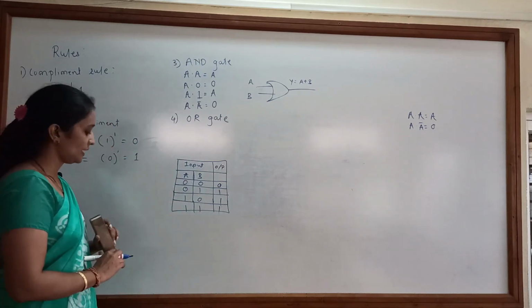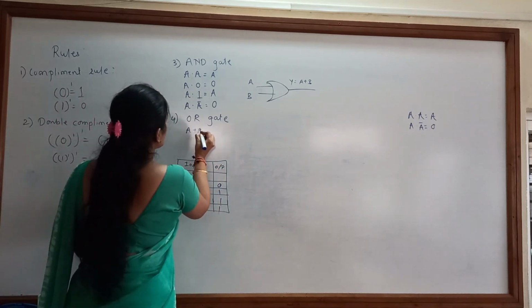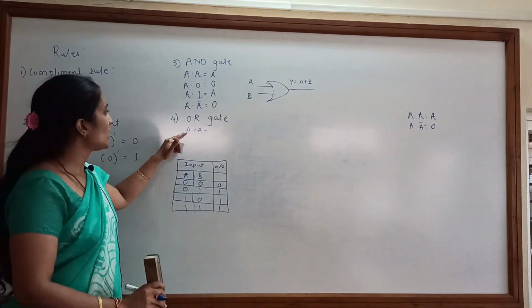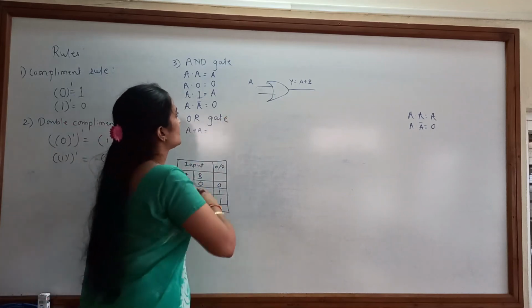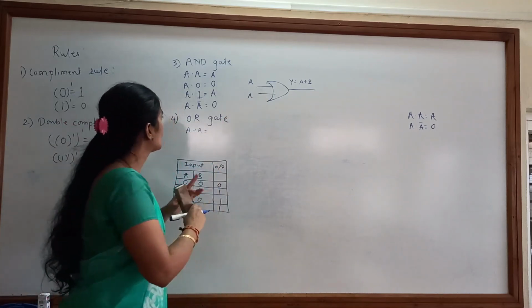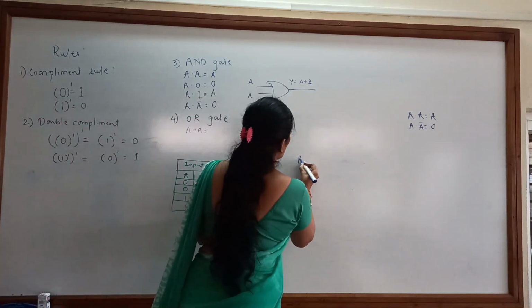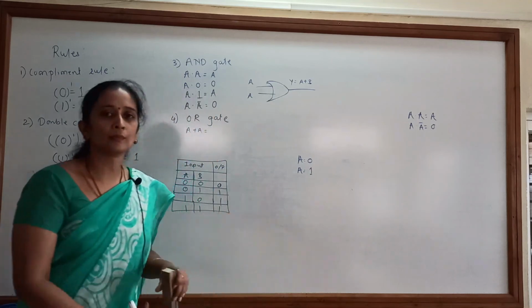Now first rule is A plus A is equal to what? Means if we add number with the same number, A plus A. Again for this A, there are two possible values. A is equal to 0 and A is equal to 1.